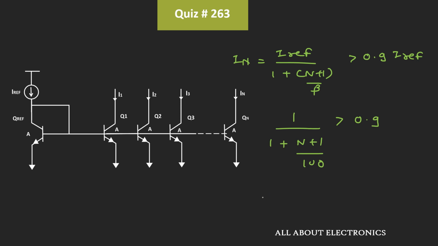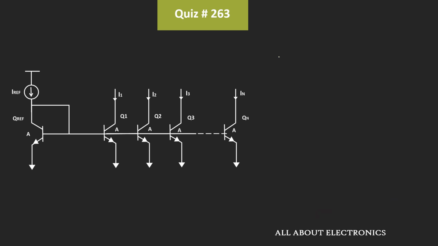Or in other words, this 1 plus N plus 1 divided by 100 should be less than 1 divided by 0.9, that is equal to 1.111. That means N plus 1 divided by 100 should be less than 0.111.